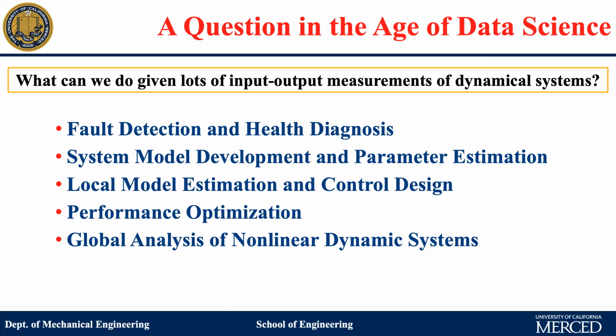For example, the fault detection and health diagnostics. That part of the study of engineering has been traditionally based upon data, right? And another part of the study is the system model development and parameter identification, known as the system ID. It's been very commonly practiced in structural community.